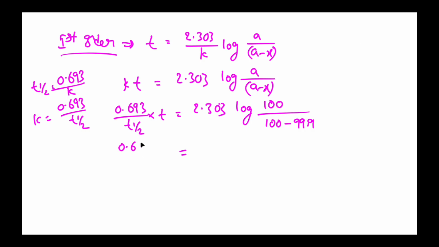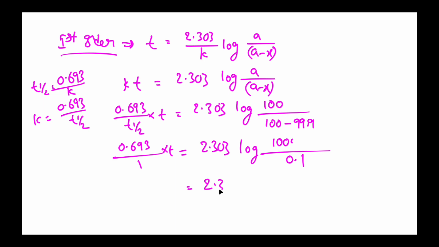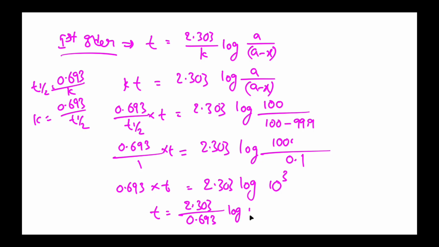So 0.693 by T half, which is 1, into T, is equal to 2.303 log 100 by 100 minus 99.9, that is 0.1. So this value is 2.303 log 10 power 3. Then T is equal to 2.303 by 0.693 log 10 power 3.